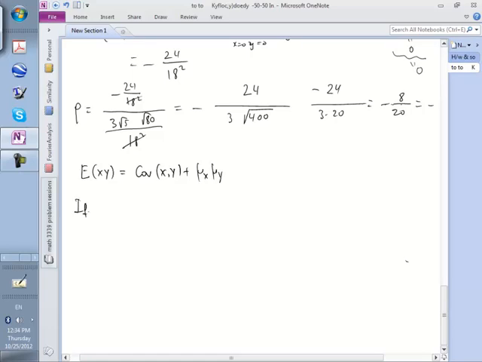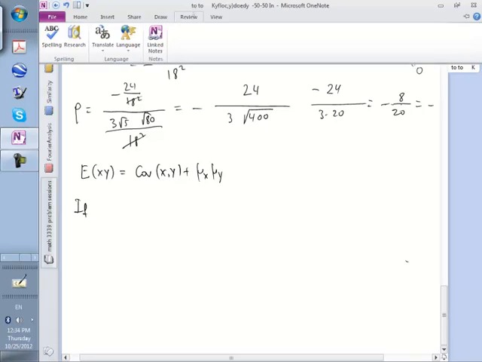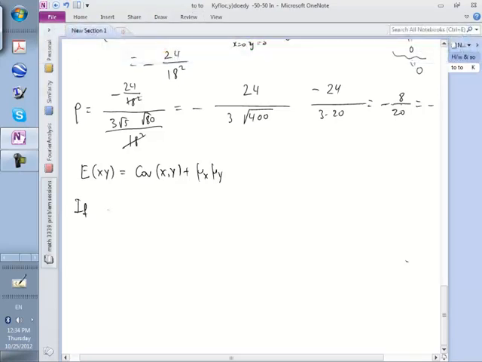If X and Y are independent, then the variance of X plus Y is equal to the variance of X plus the variance of Y. This is called the Pythagorean theorem, because that's what it is.